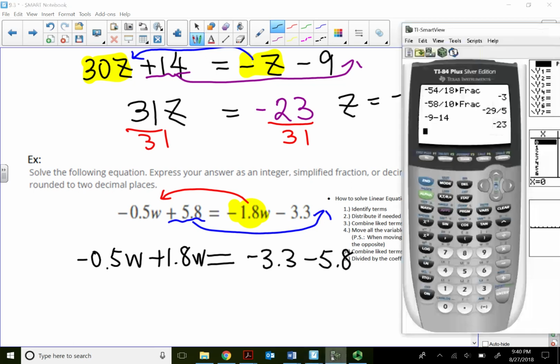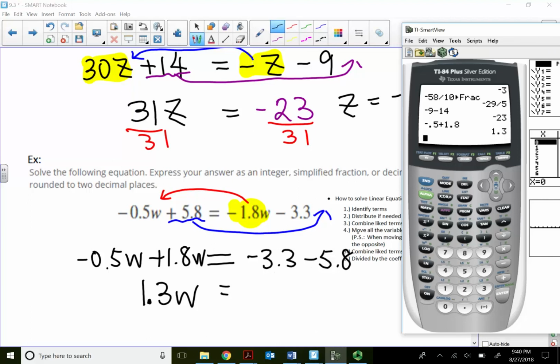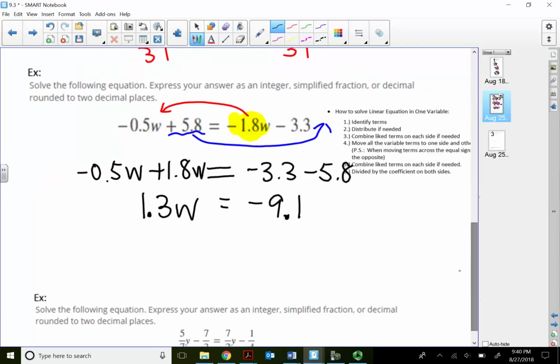So I'm just going to put this in the calculator. Negative 0.5 plus 1.8 is 1.3w, equal to, all right, terms with the same sign we will add, so that will be negative 3.3 minus 5.8. When I add them up, that will be negative 9.1, yep. All right, so down to two terms, no more like terms to combine, no parentheses.